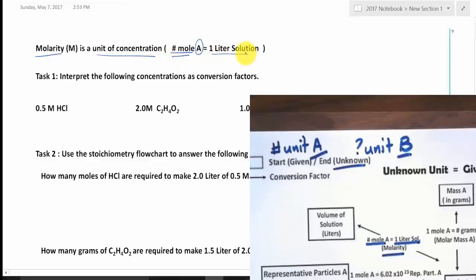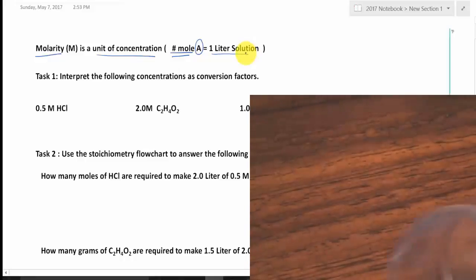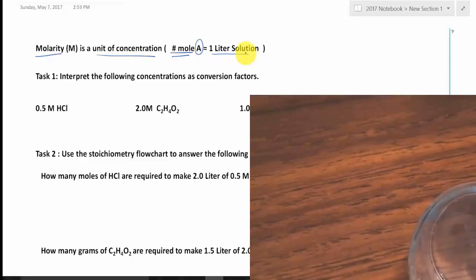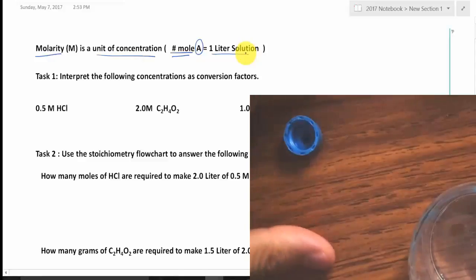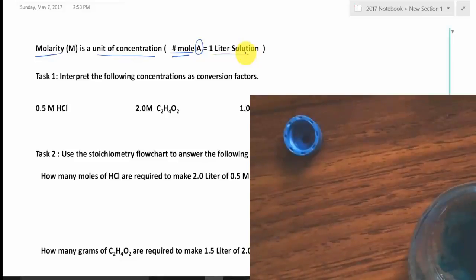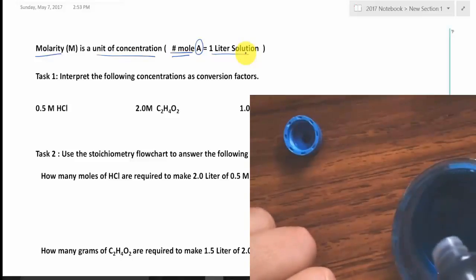To demonstrate that to you, notice how I have water right there. This is pure water. Let's make a solution. How do you make a solution? You just mix two things together, and they dissolve in each other. In this case, I have this right here. Look what happened. It is somewhat light blue still, right? But what happened when I added more of it?